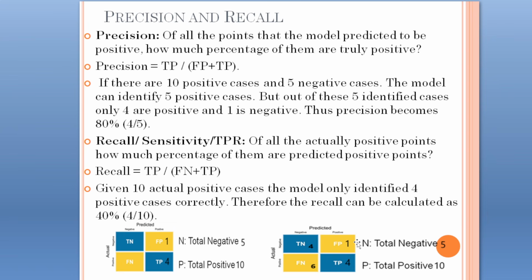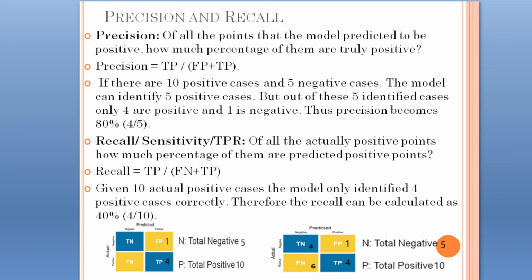So 4 is TP and 1 is actually negative, so 1 is FP. So in the formula, TP value is 4 and TP plus FP is 5. So the value of precision is 4 by 5.